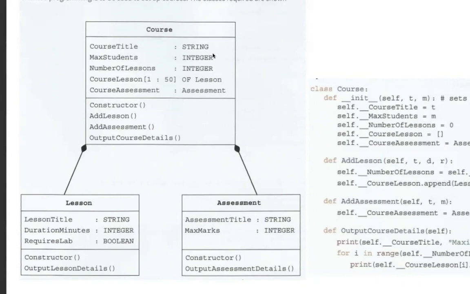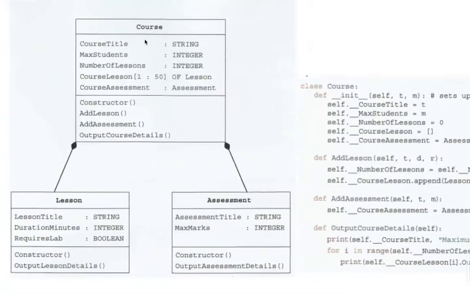And that is basically your aggregation. So you can basically refer to multiple objects in this class definition. So for example, in my course, one course can have up to 50 lessons, and lesson is a separate class on its own.